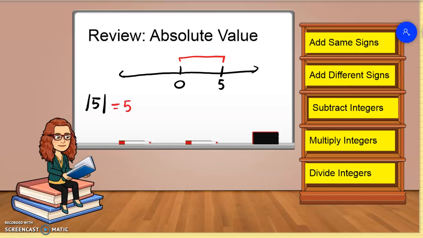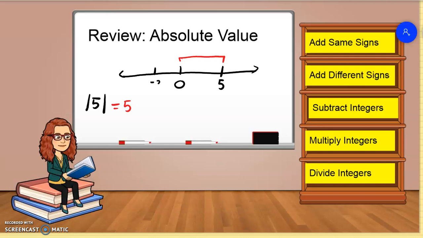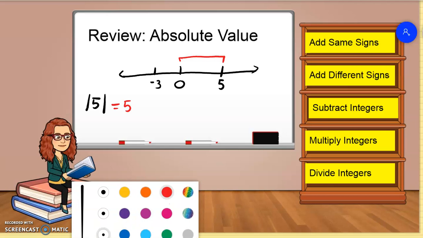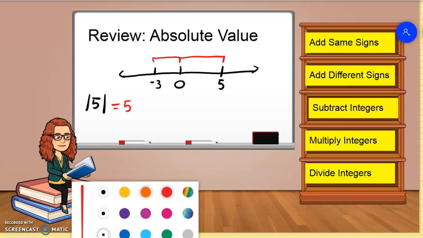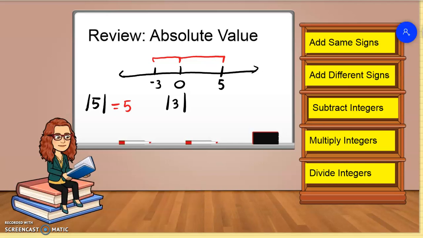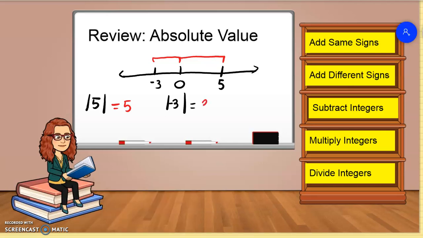The same way, if I ask you to find the absolute value of -3. Of course, absolute value, as we said, is the distance of -3 from 0. So the absolute value of -3 is just equal to 3.